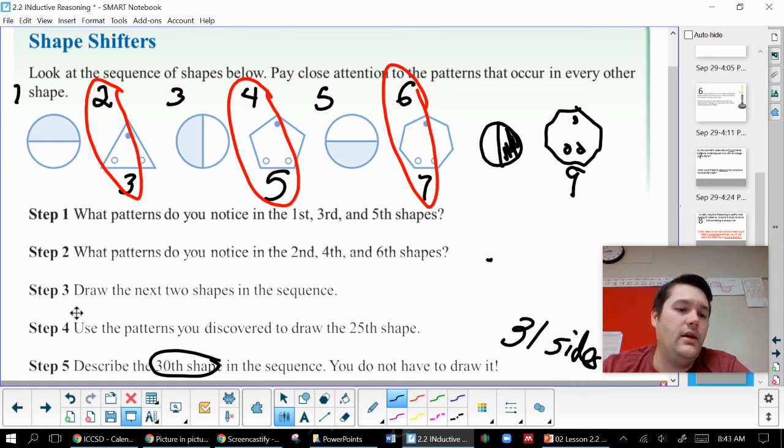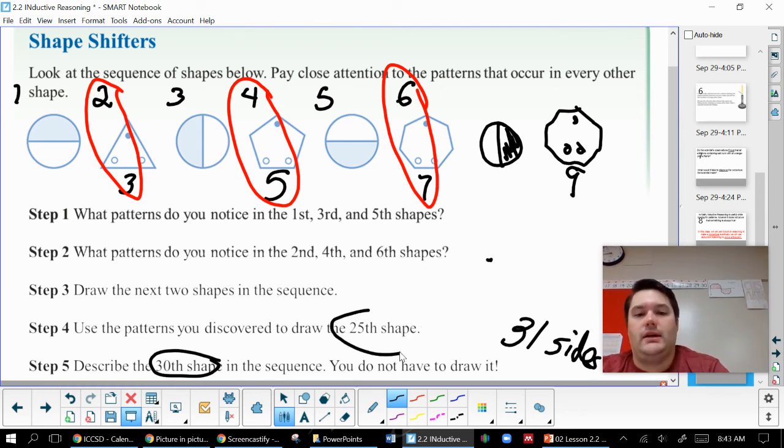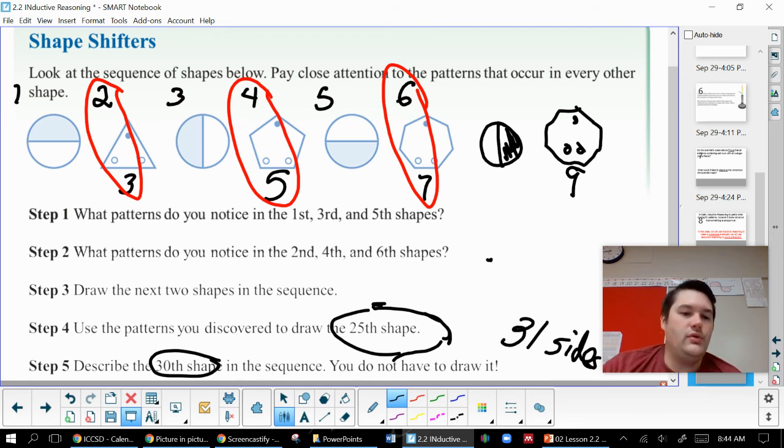Now, something like the 4th step, the 25th shape, that's not an even number. That is an odd number, which means we know it's got to be one of these circle things. It's going to be 1/2 shaded. And usually people try a couple of different strategies to figure this one out. One is you could just kind of turn it in your head over and over again, and eventually you'd get to 25.